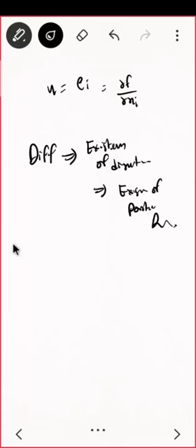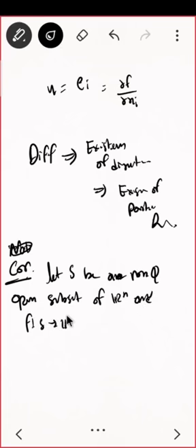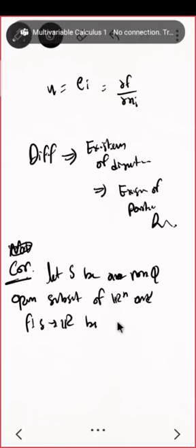I'll just quickly write a note, or you can write a theorem or corollary. Corollary: let S be a non-empty open subset of Rn and f from S to R be differentiable.